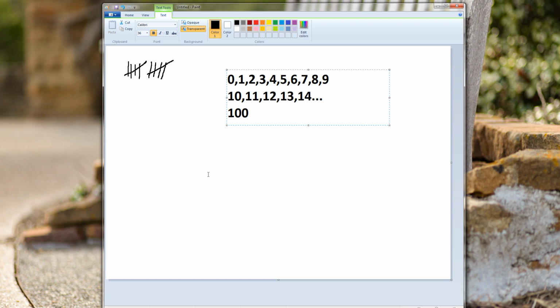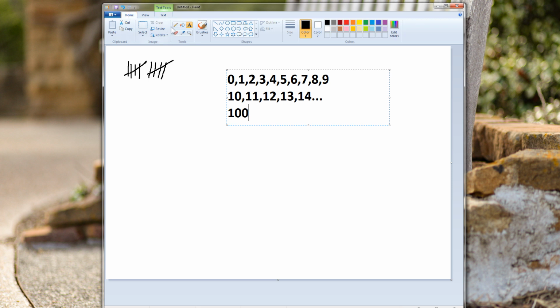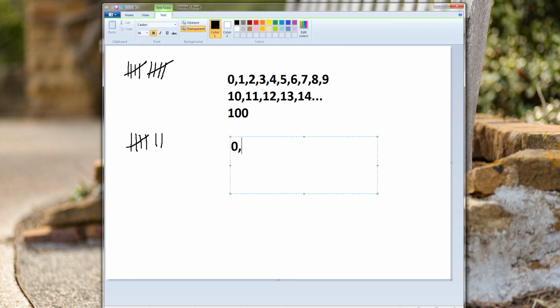So if we go to a base 7 number system, we have 1, 2, 3, 4, 5, 6, 7 digits, and those would be represented as 0, 1, 2, 3, 4, 5, and 6. That's 7 different digits.